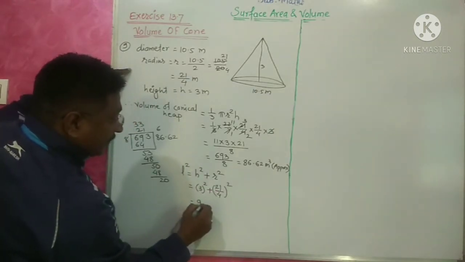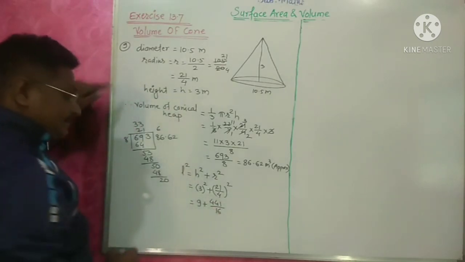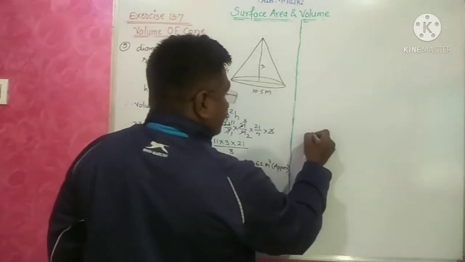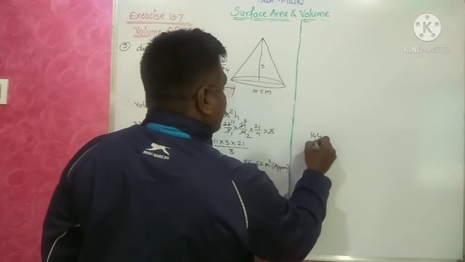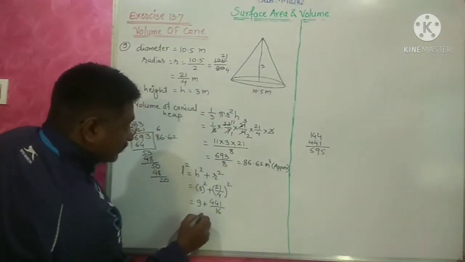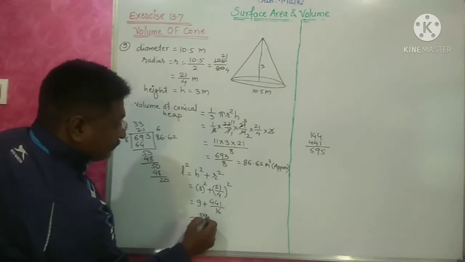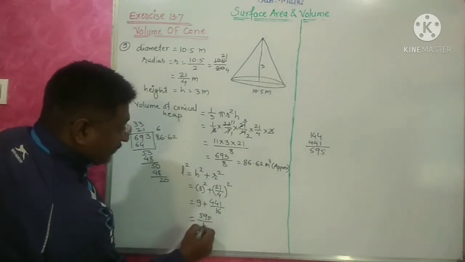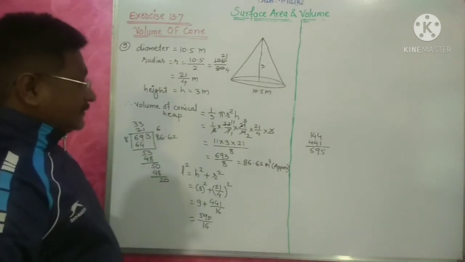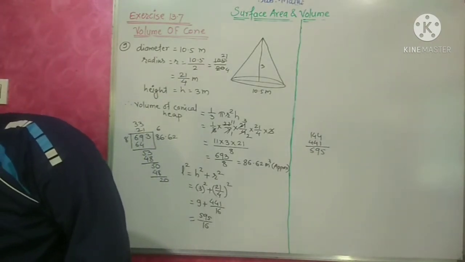So what will we get? 9 plus 441 by 16. 16 nines are 144 plus 441, 595 by 16. So check it once again. Do the calculation properly.